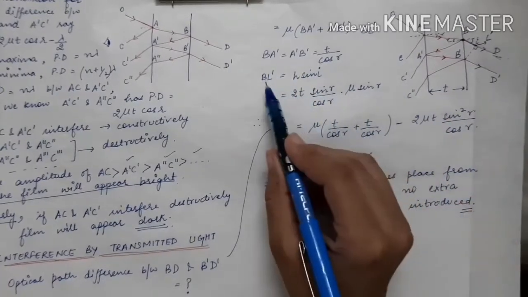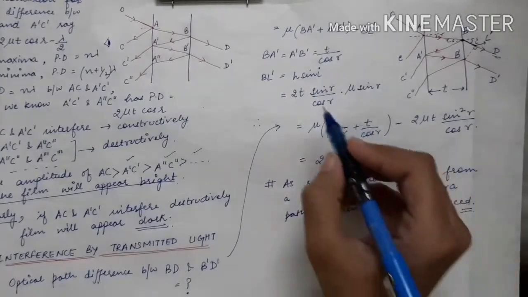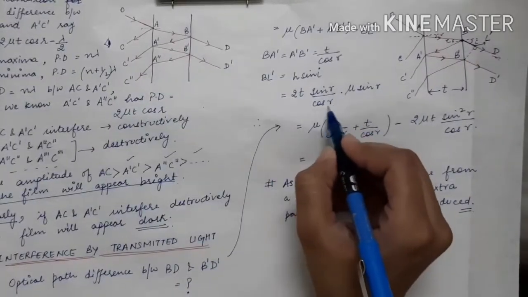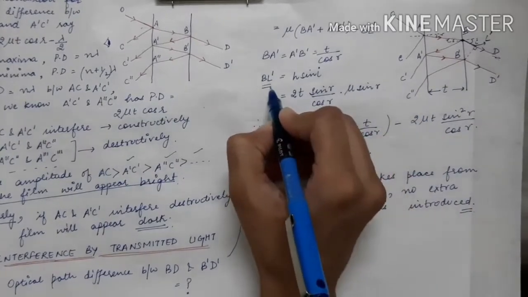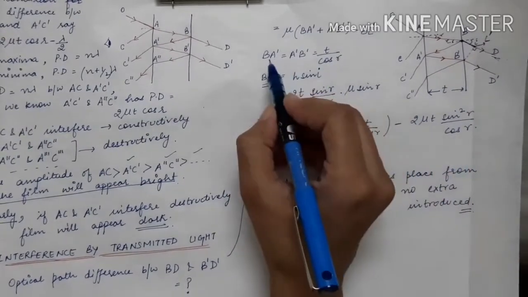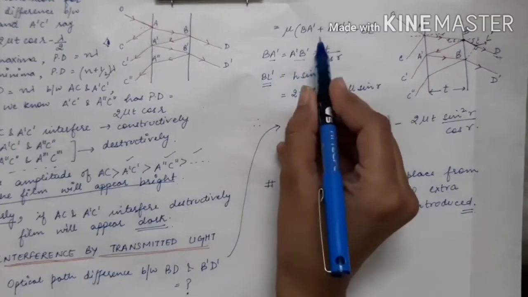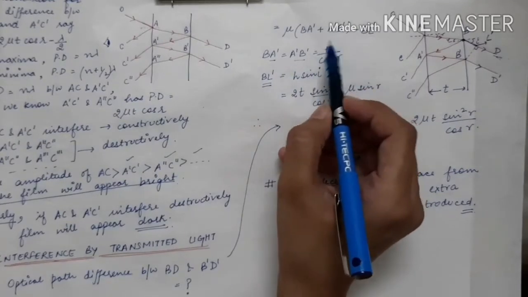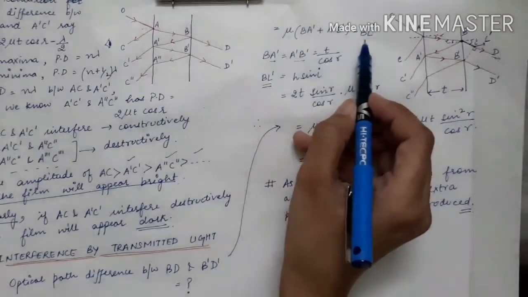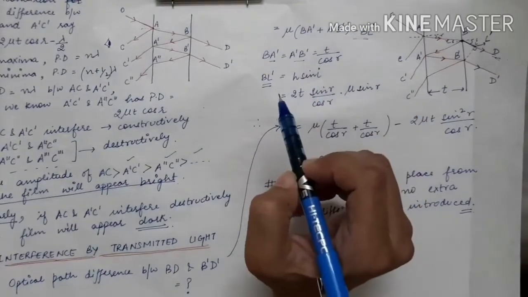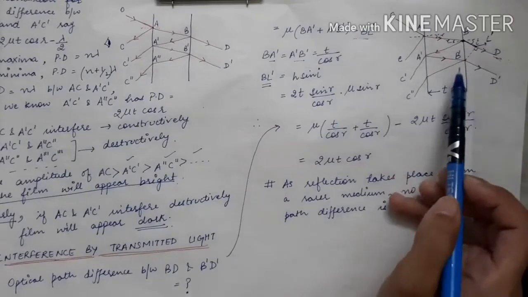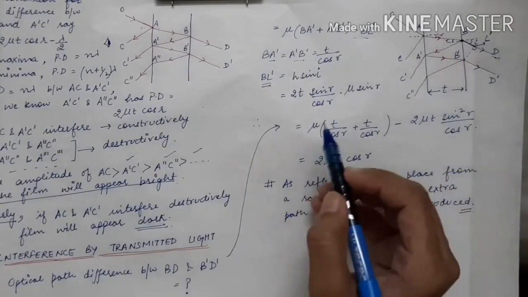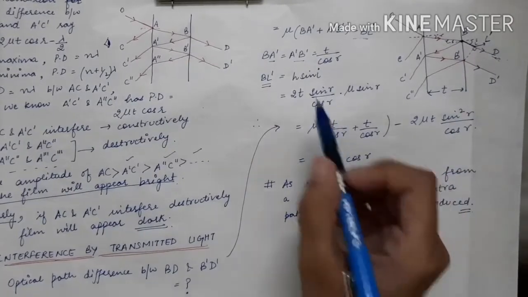So this path BL prime comes out to be equal to 2t sin R by cos R times mu sin R, and this is the value of BL prime, and we know the expressions for BA prime and A prime B prime. So you can put all the expressions in this equation of optical path difference. So the optical path difference between the rays BD and B prime D prime will be just equal to mu times BA prime plus A prime B prime.